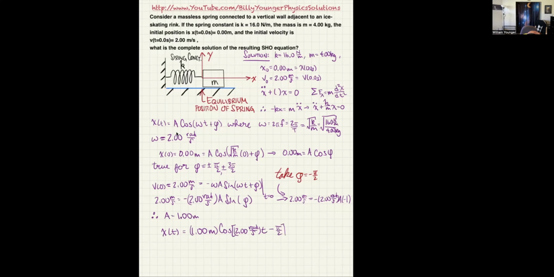This is the actual solution of the differential equation and the solution for the problem. You can check, of course, to make sure it matches the initial conditions, but that's really it. That's all you've got to do to solve any such differential equation that is a simple harmonic oscillator.